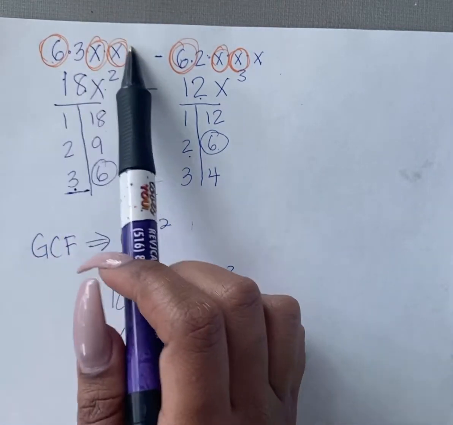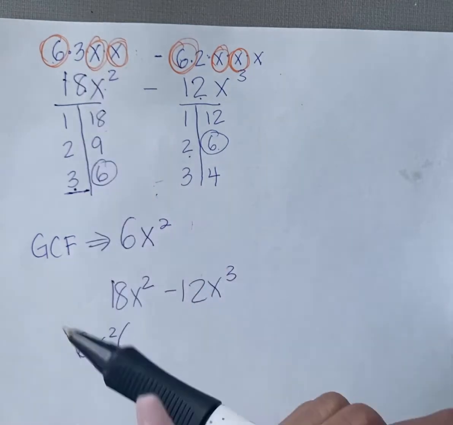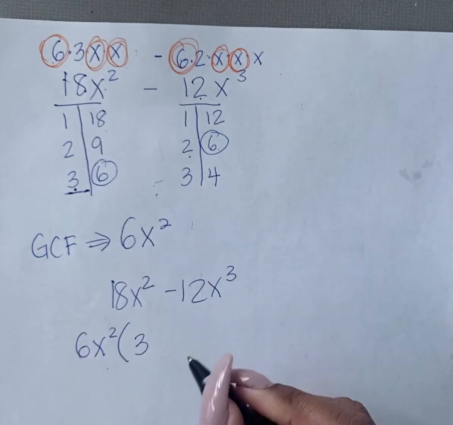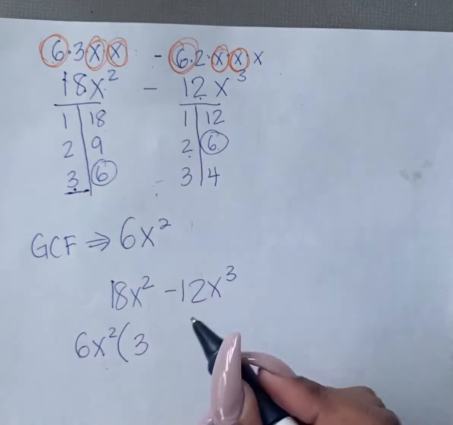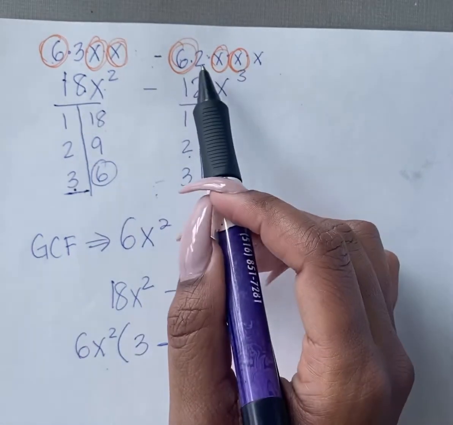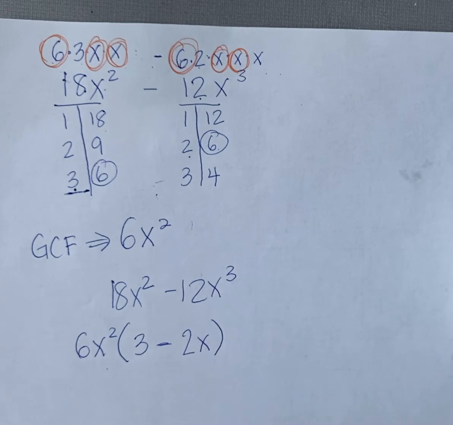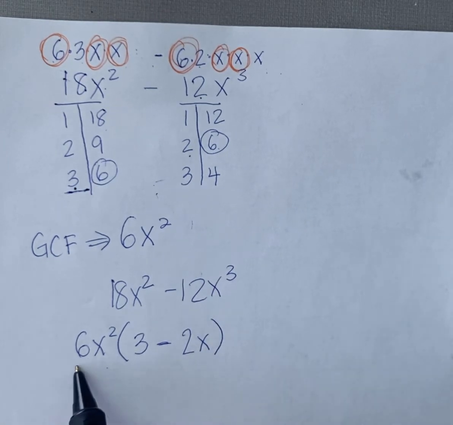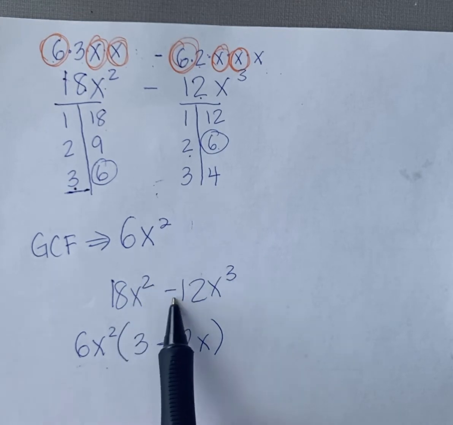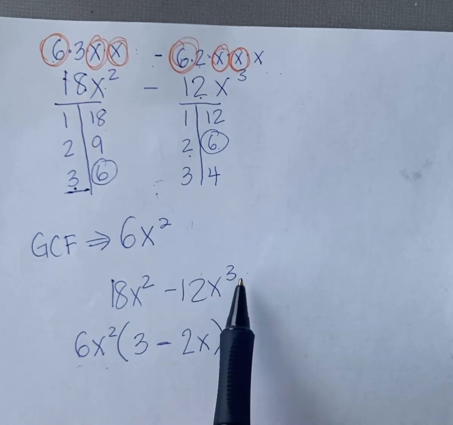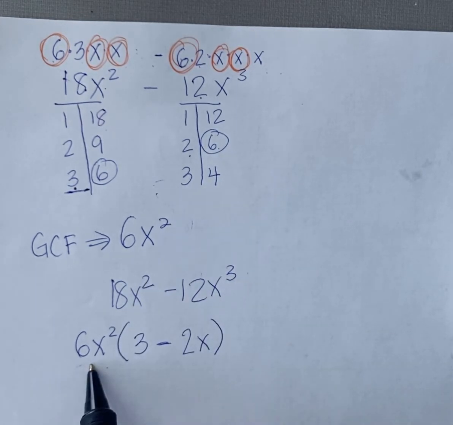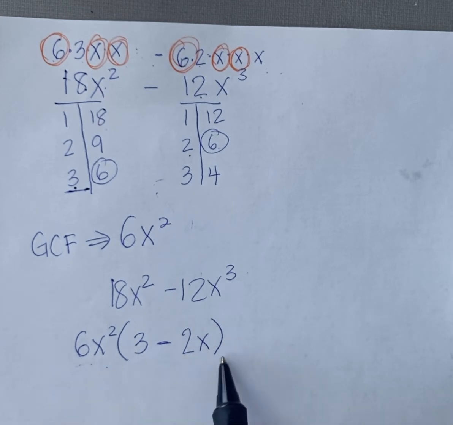In my first term, I have a 3 left, so the 3 is going to go inside. I have my subtraction sign, and then I have 2x left on the other side. This is me factoring out the greatest common factor of 18x squared minus 12x to the third. So 6x squared is my greatest common factor, and this is what remains when I factored it out.